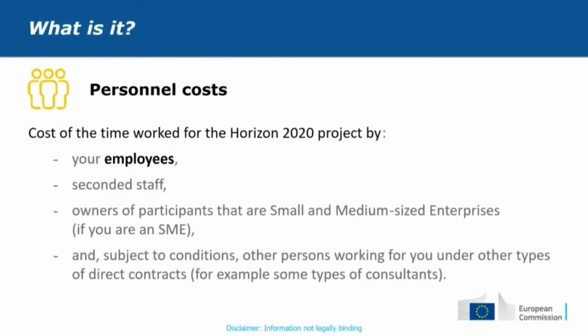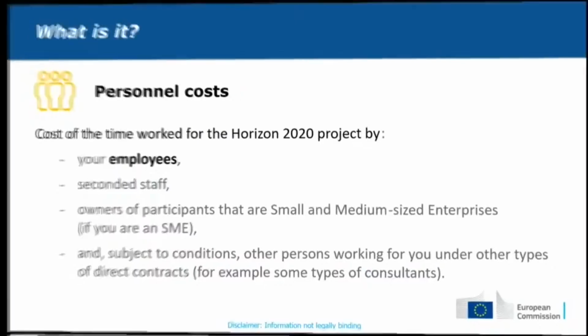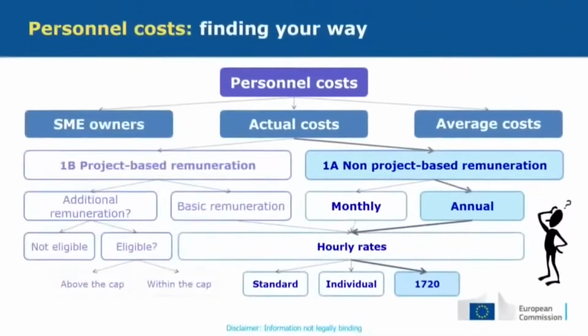And finally, but this is subject to conditions, you might also be able to declare as your personnel cost the cost of other persons that work for you, but that are not your employees. This is the case, for example, of some types of consultants. We will have a few words more on this in the next slides.